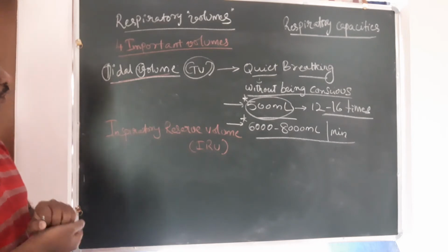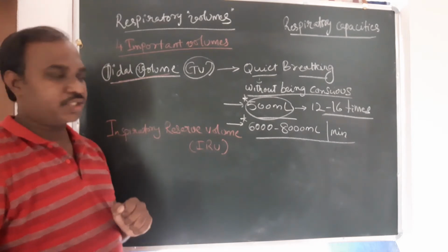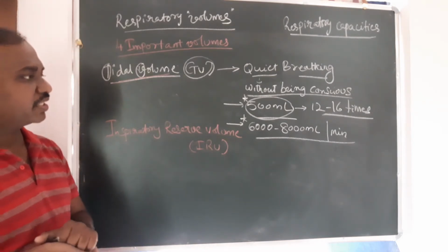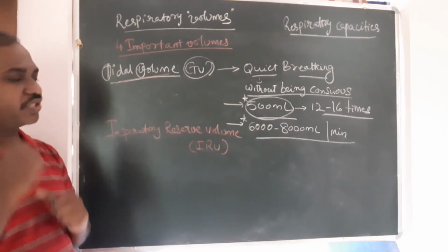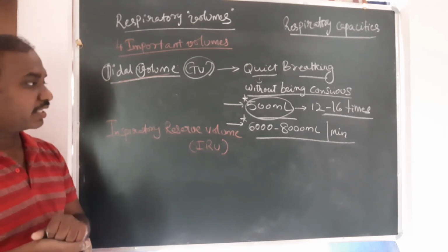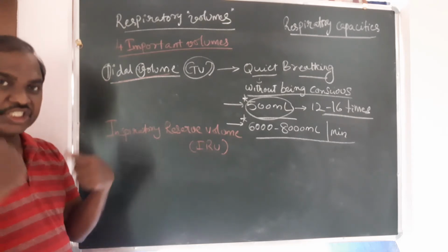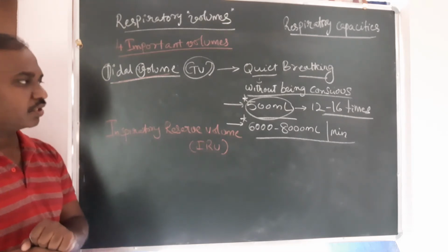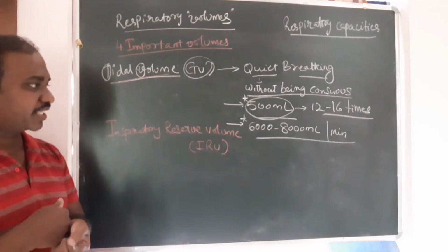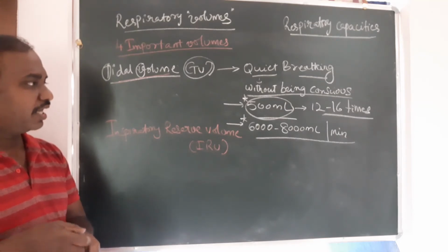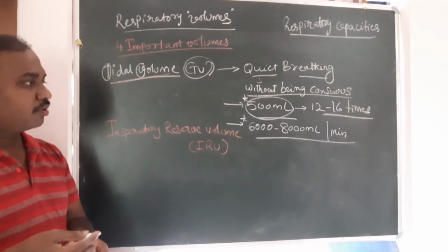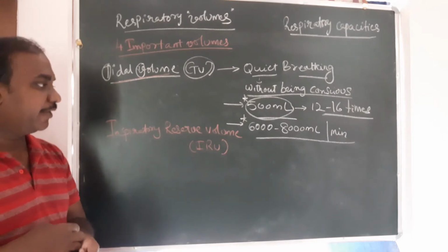So what is this? I have told you previously, the air that is forcibly taken. At times you need additional volume of air during times of stress. Right? More amount of air needs to be in the lungs. In such a situation, how much of the air can be taken in?